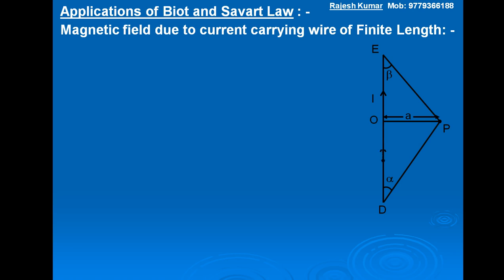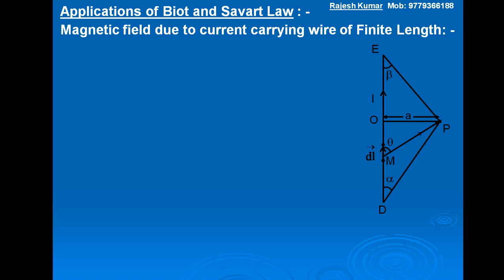Let at point M a very small element of the current carrying wire of length vector dl. The direction of the dl vector is along the direction of flow of current. Join MP, which makes an angle theta with the direction of flow of current.